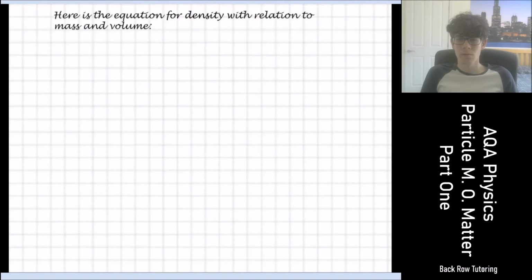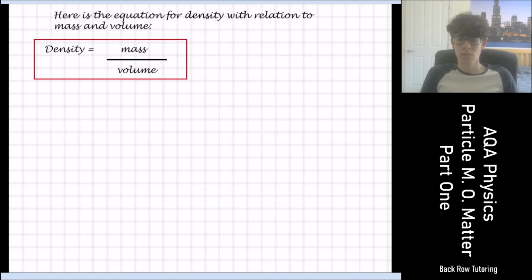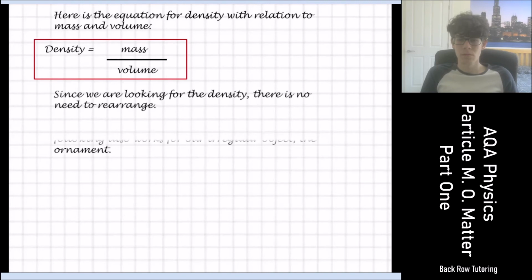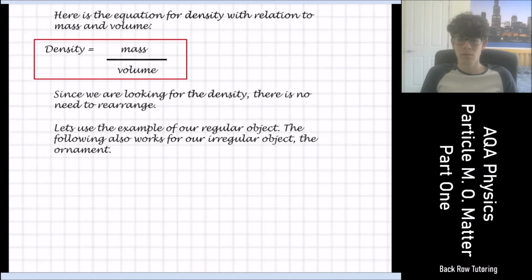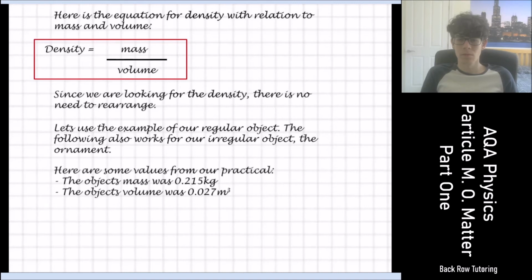Here is the equation for density with relation to mass and volume. Density is mass divided by volume. Since we are looking for the density, there is no need to rearrange. Let's use the example of our regular object. The following also works for our irregular object, the ornament. Here are some values from our practical. The object's mass was 0.215 kilograms and the object's volume was 0.027 metres cubed.